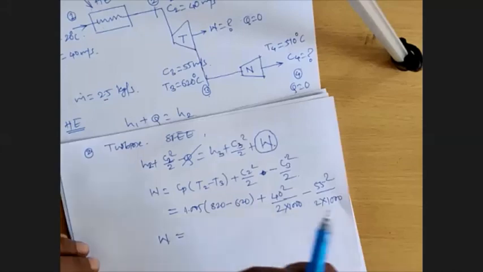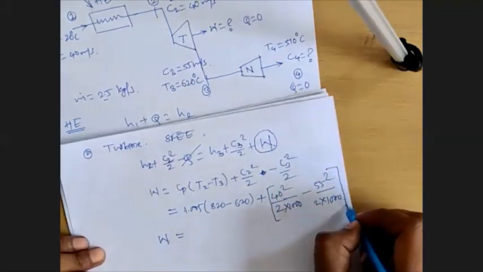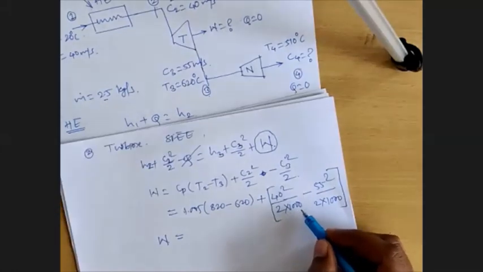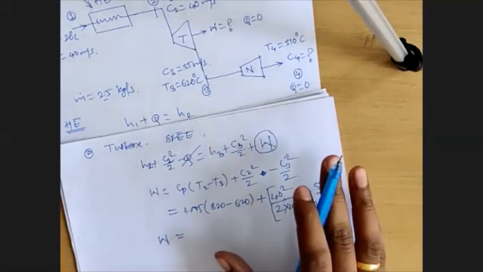As I said earlier, don't combine these two. If you combine these two and take 2 into 1000 common, you will get different answer. And to avoid that one, solve this one as it is.